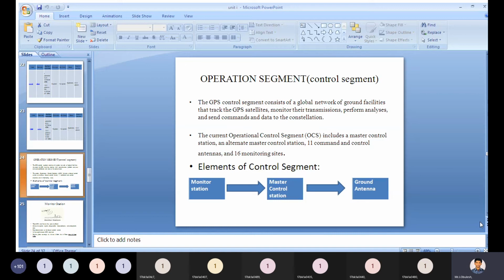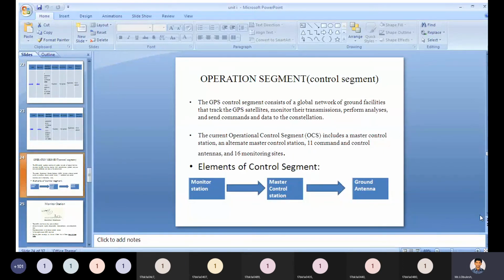Once you do the performance analysis, you need to send commands and data to the constellation.